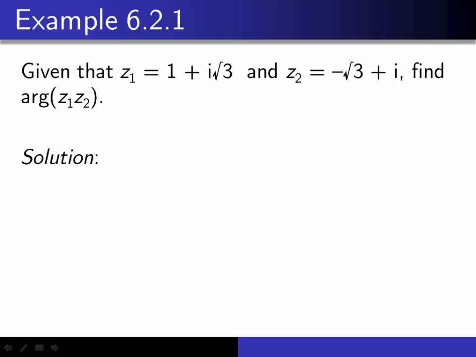You have to learn to draw your Argand diagrams quickly. So draw the Argand diagram, locate the point, identify the quadrant, apply the basic angle, and so on. Still not used to your special angles by now? Please go and do something about it. I'm not kidding when I talk about that.